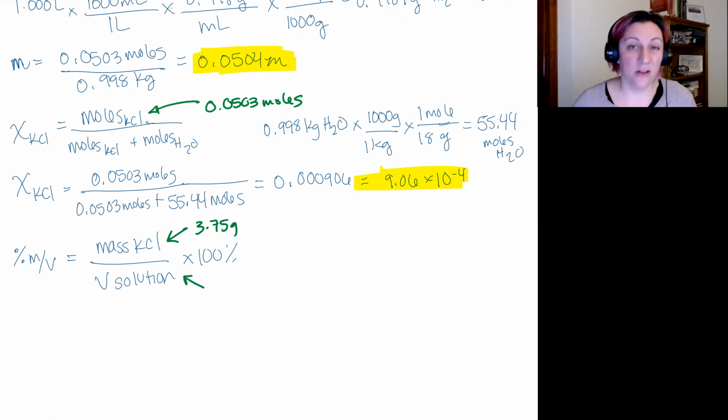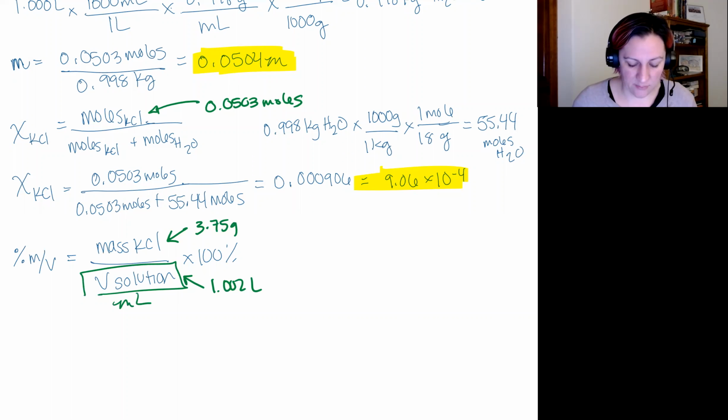I know my volume of my solution is 1.002 liters. Now, for this one, we want to make sure that our volume of solution is in milliliters rather than liters that we used with molarity. So I'll make sure that I convert that into milliliters when I perform this calculation.